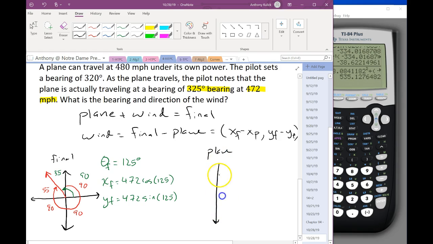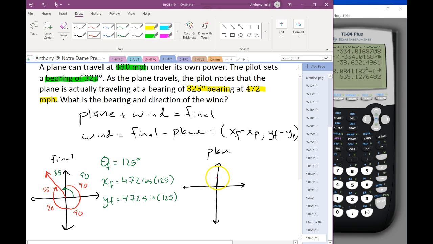And now I'll do the same thing for the plane. So the plane is a bearing of 320 degrees at 480 miles an hour.